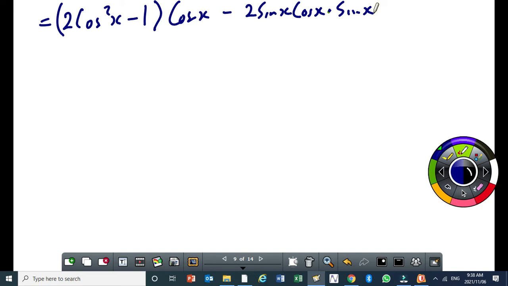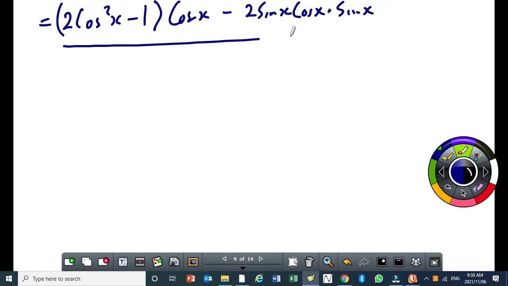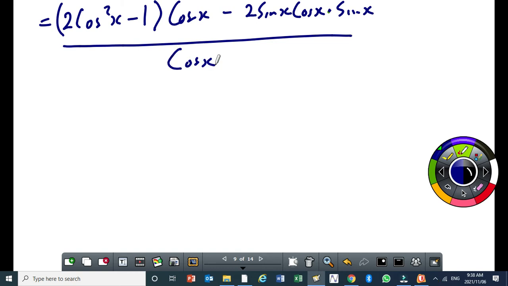Okay? Now this is so nice because I can simplify this. Remember the denominator, what? Cos x. So I can split the numerators. There are 2 numerators, just to remind you. This binomial multiplied by that is 1 term, then this is also another term.